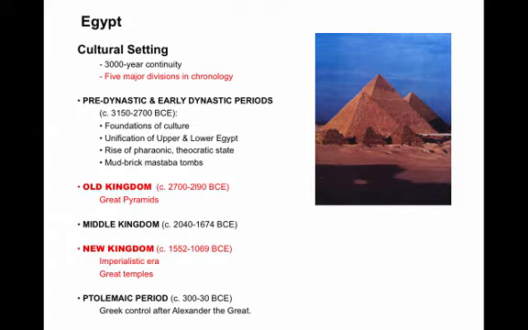And then finally, the Ptolemaic period is Ptolemy is the ruler who Alexander the Great leaves when he conquers Egypt. And from 300 BC to 30 BC, Egypt is ruled by Greeks. So Cleopatra was a Greek. But her family had been ruling Egypt for quite some time.